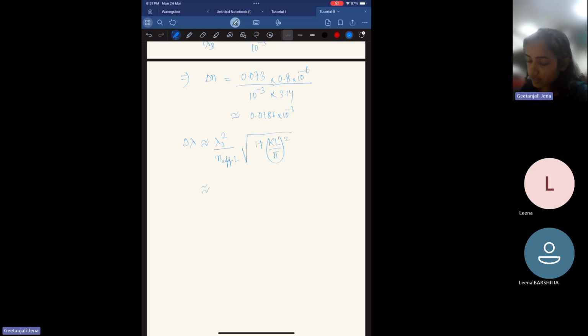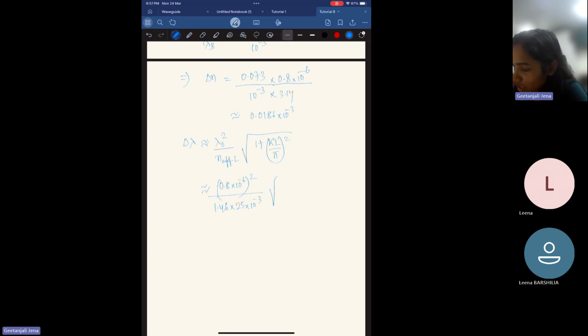So lambda_B is given as 0.8 micrometer, squared. N effective is given as 1.46 and L is 25 mm.